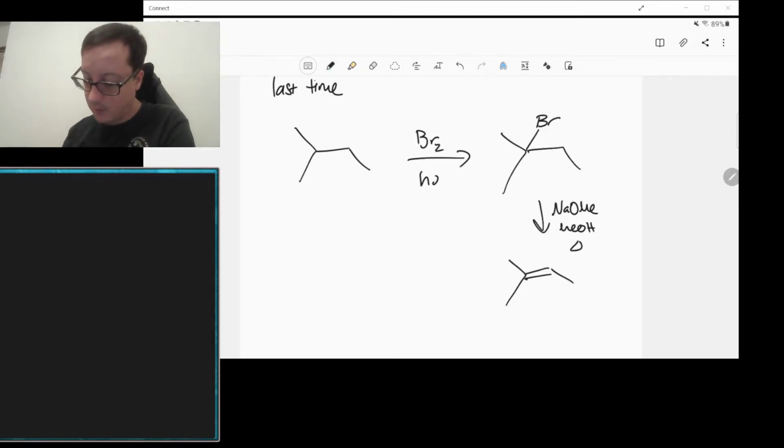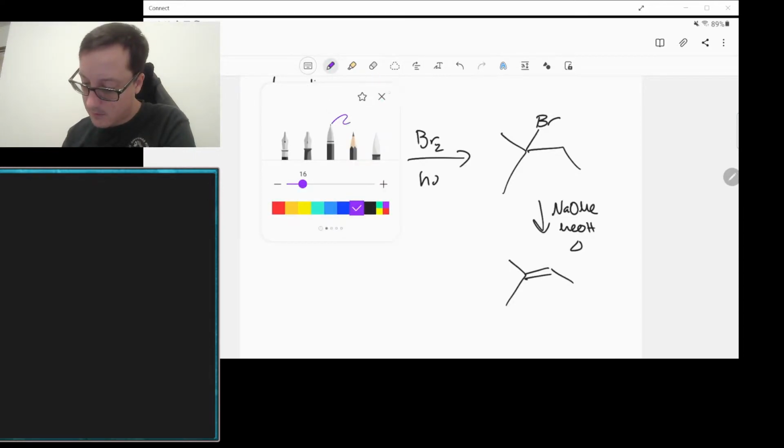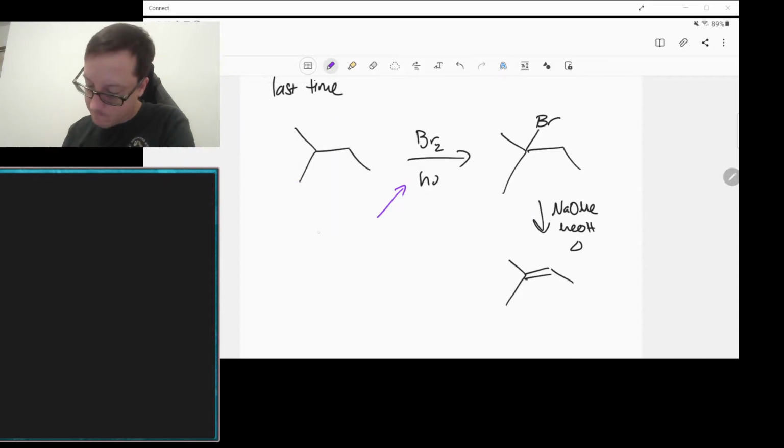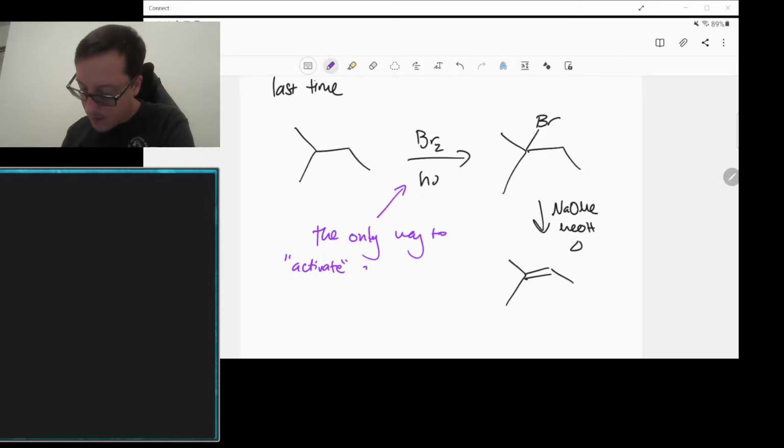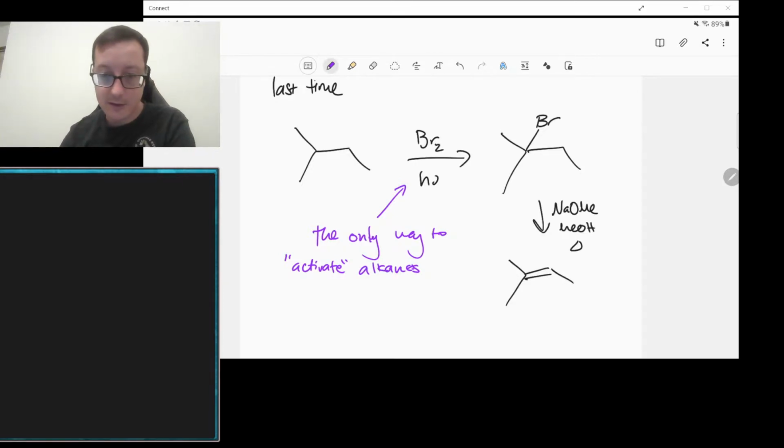This is kind of the only way to activate alkanes. Alkanes are terribly unreactive. They don't do anything. They're solvents. However, under the right conditions, they can undergo these radical reactions to then provide us with an alkyl halide that we can do all sorts of other stuff on.